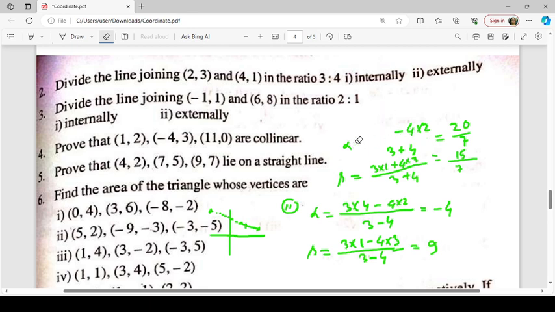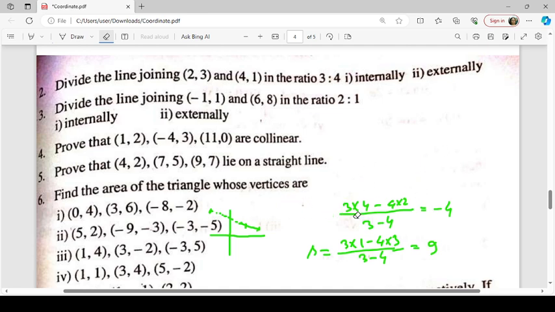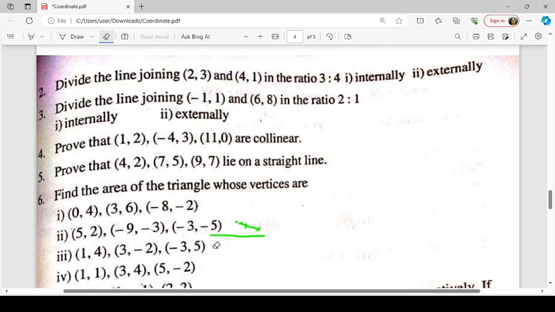Then this number 4, how can we do it? Let's say number 4, collinearity. To prove that 3 points are collinear, what to do? Suppose A, B, C are there.